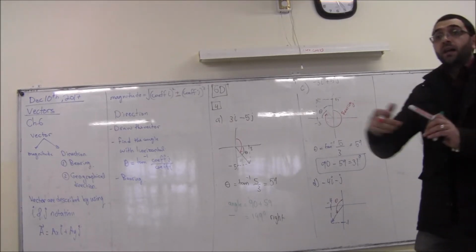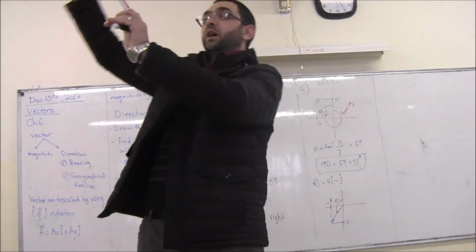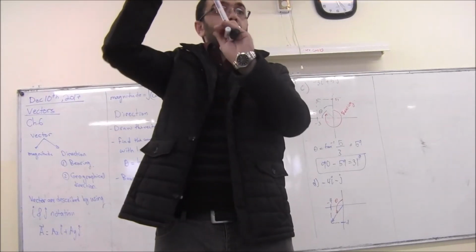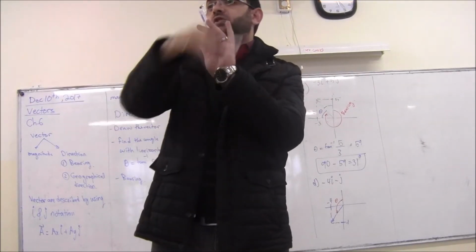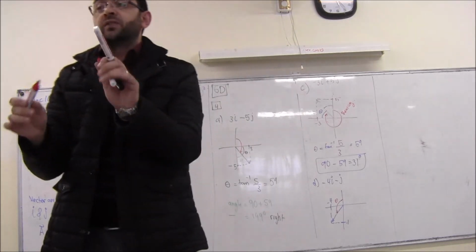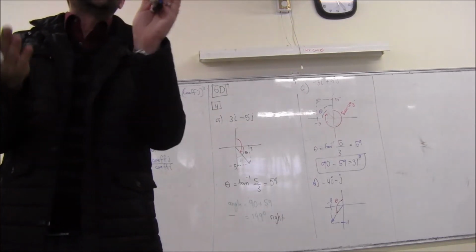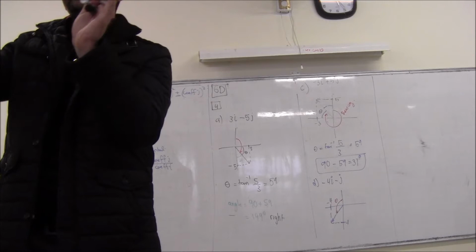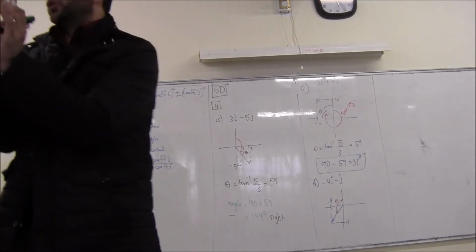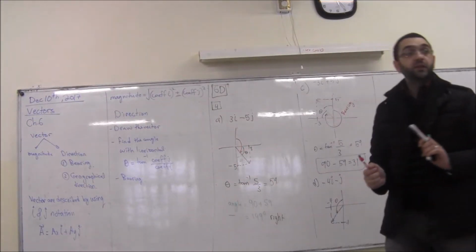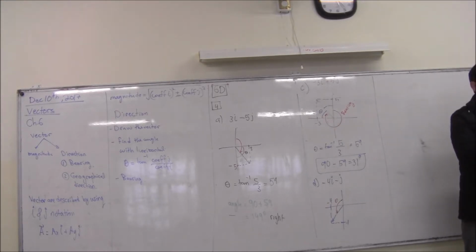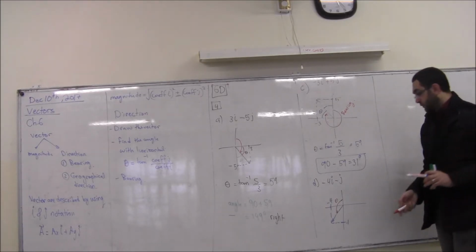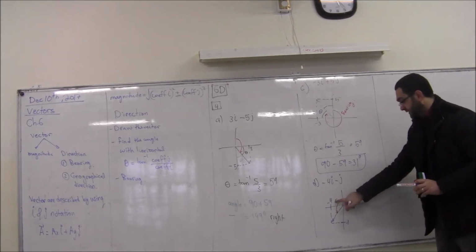Bearing I have to take from the positive y-axis to the desired vector, clockwise. If we're asked about the angle between, I have to take the angle enclosed between the two vectors. Clear? Any question? Enclosed, remember this.